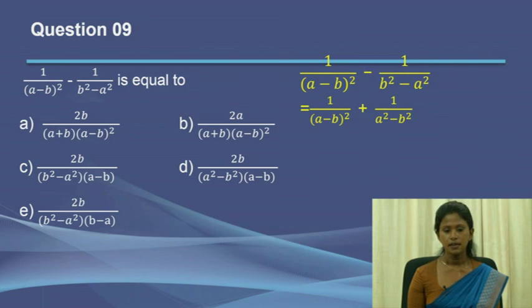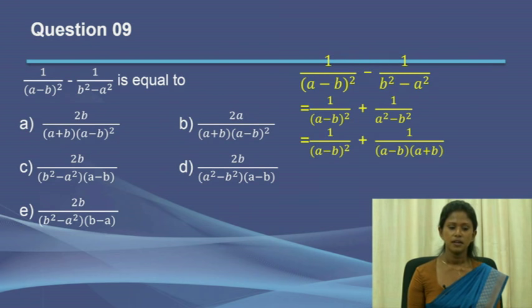If you closely look at your expression, as the first denominator you have a minus b, but on the right hand side you have b squared minus a squared. So there should be consistency between the denominators. What you can do is take the minus sign out of the denominator of the right hand side and make it a squared minus b squared.